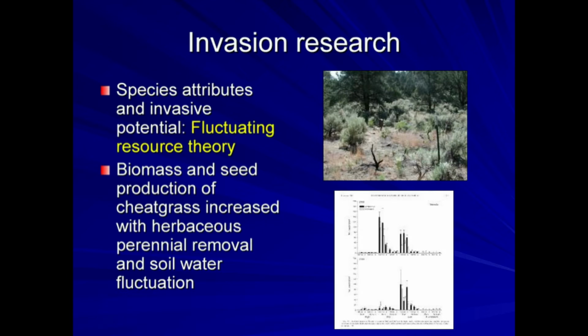Therefore, on the lower elevation sites, you had much more growth and production of cheatgrass than you did on the higher elevation sites, where there was less fluctuation and maybe some temperature constraints to cheatgrass seed production. Take-home message: maintain your perennial herbaceous understory.